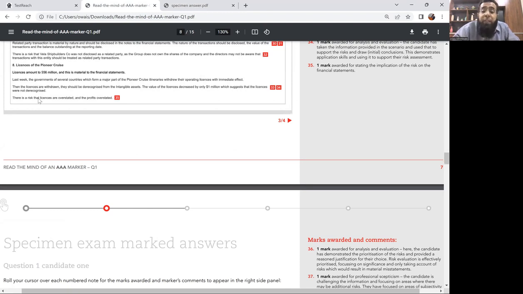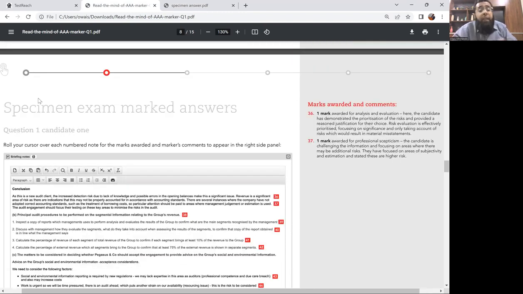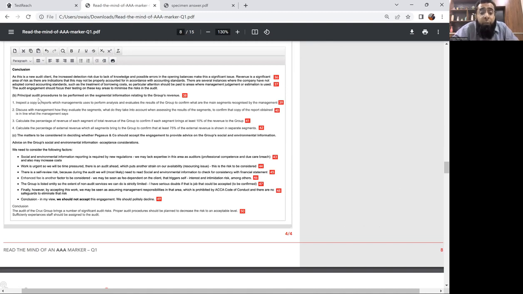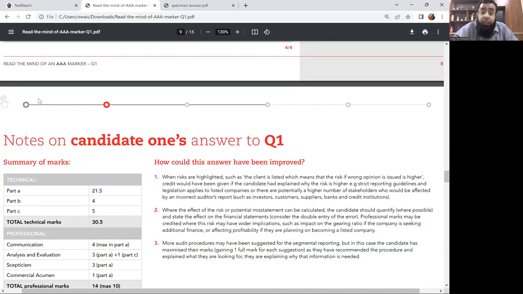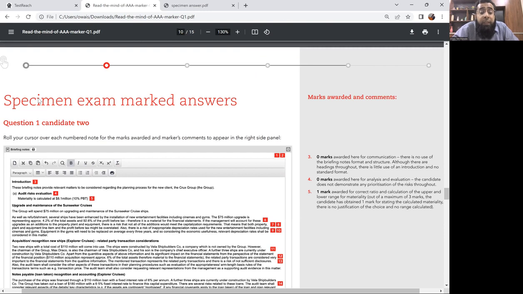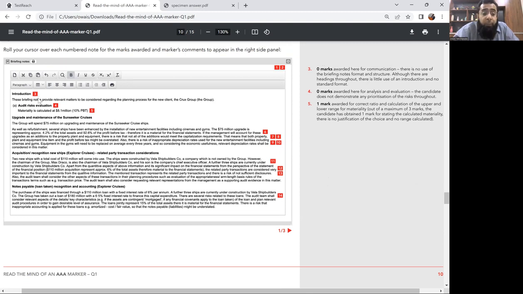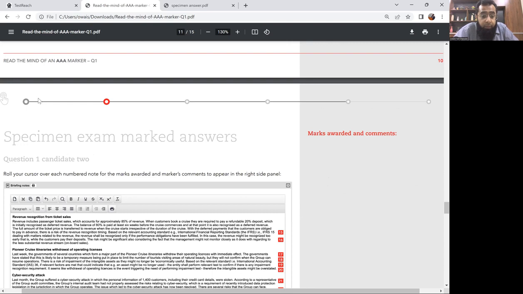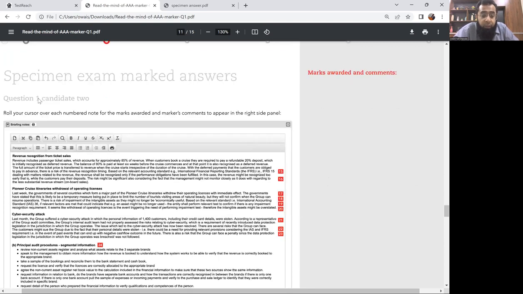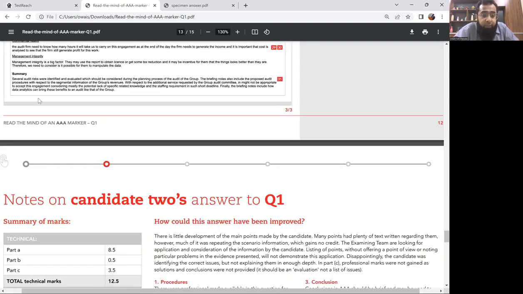Now, before moving towards further requirements, what I'm doing is that now we will refer the same audit risk of candidate 2. And let's see that what were the mistakes that this candidate 2 did. Why he got very less marks. Okay, because if we look at his marking of audit risk, how many marks he got? Just a second.